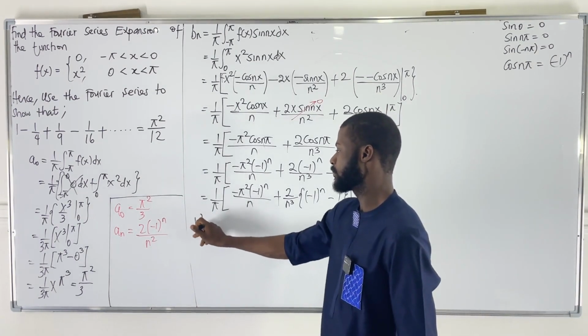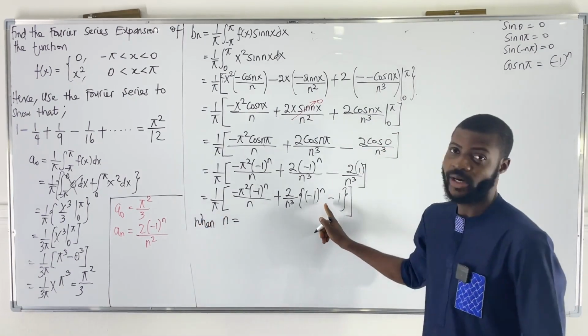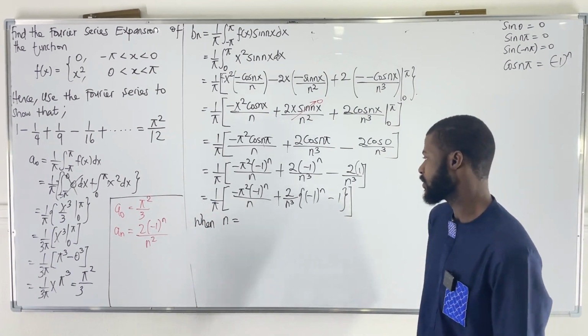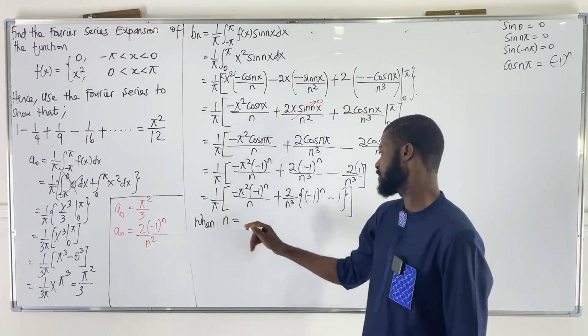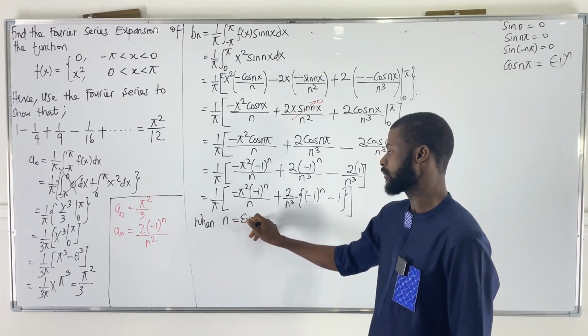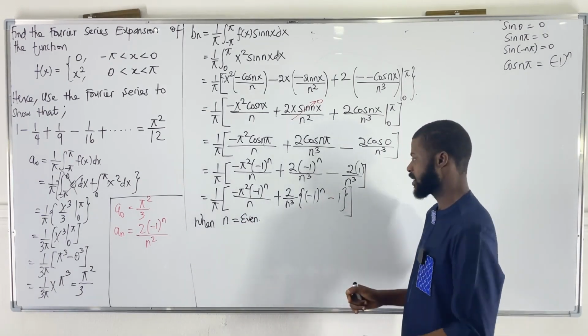I believe you kind of know how this behaves by now because we've done examples where this is given to us. So when n is even, that's when it becomes 0. We've done this previously, so I might not really take up time to explain it.